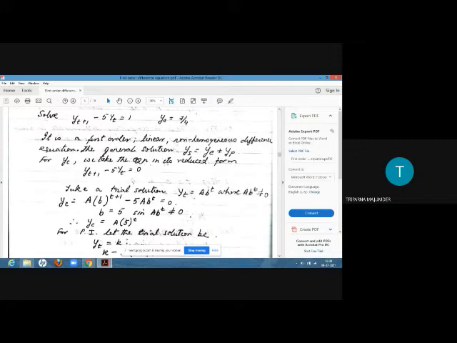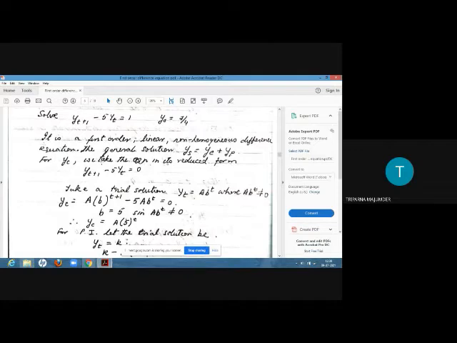So solve yt plus 1 minus 5yt is equal to 1, y0 is equal to 7 by 4. This is our difference equation. So the first thing we have to write is that it is a first order linear non-homogeneous difference equation. Next, the general solution yt is equal to yc plus yp, where yc is the complementary function and yp is the particular integral.